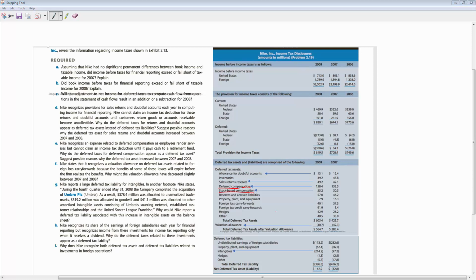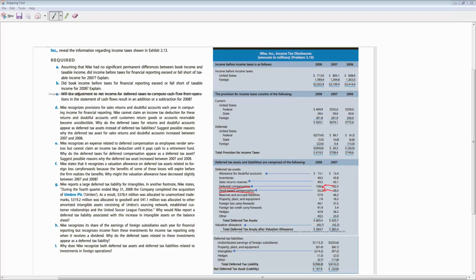What we also observe is the changes in these two factors from 2007 to 2008. Both actually increased. So what does this increase tell us? These are expenses deducted earlier in the financial reporting, right?